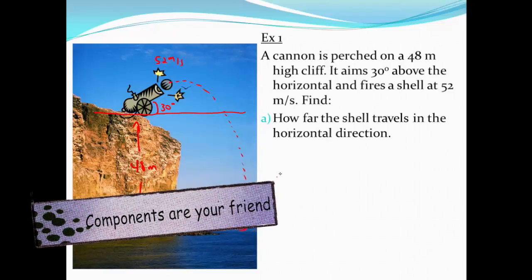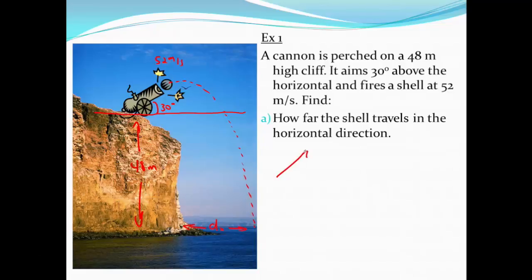But the first thing you should do, as always, is let's break this vector into components. So this is 52 meters per second. And we know because of perpendicular vector independence that there should be a Vx component and a Vy component. And we use trig for this, and we've already discovered some equations for this, so let's go ahead and use those.